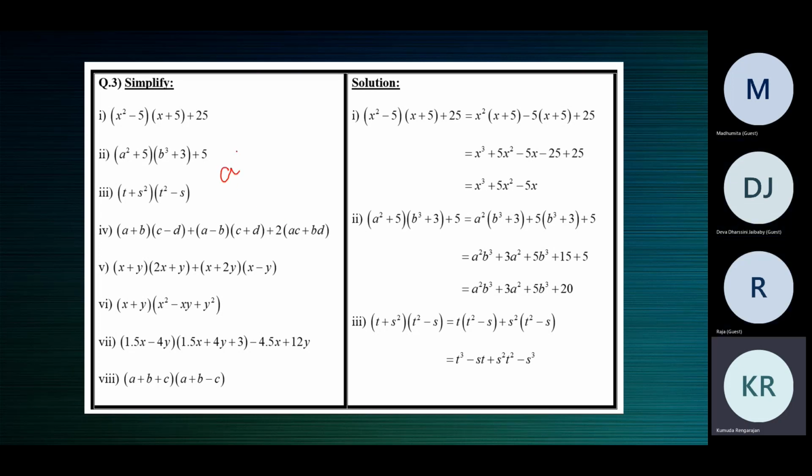Now tell me the answer for this, children. What is a cubed plus a squared? What is a cubed multiplied by a squared? I want the answer for both.